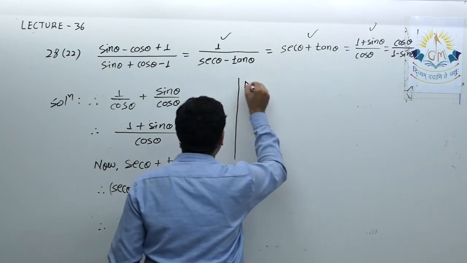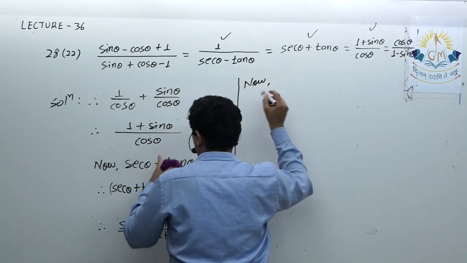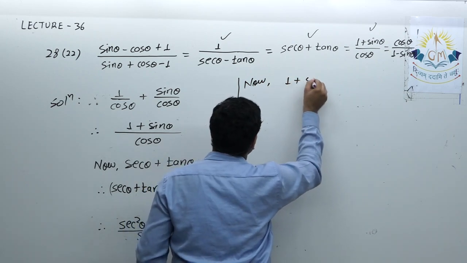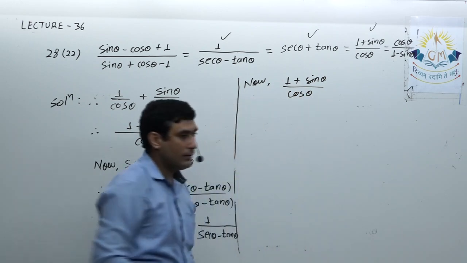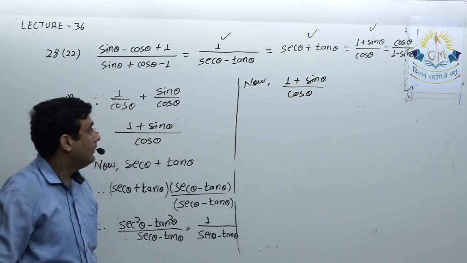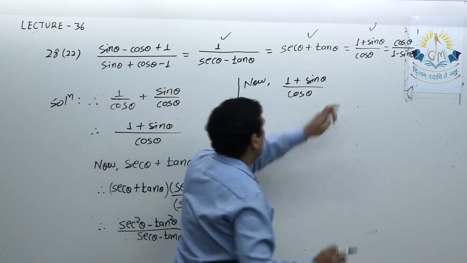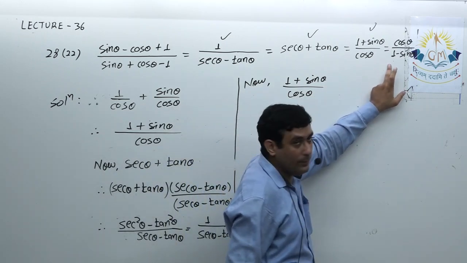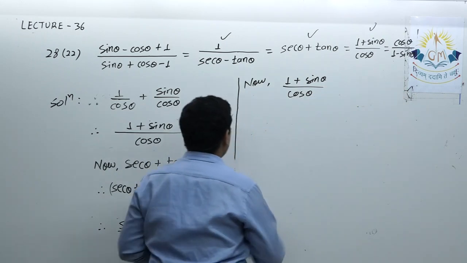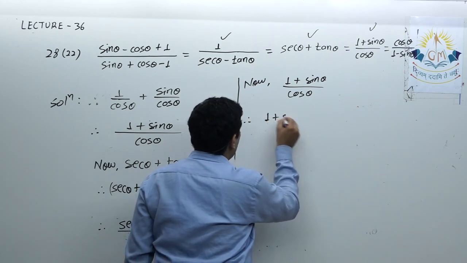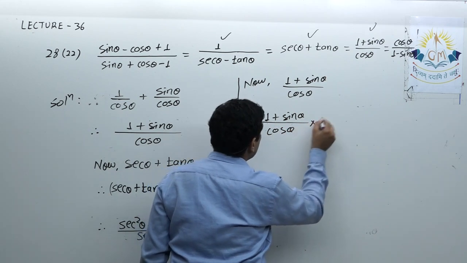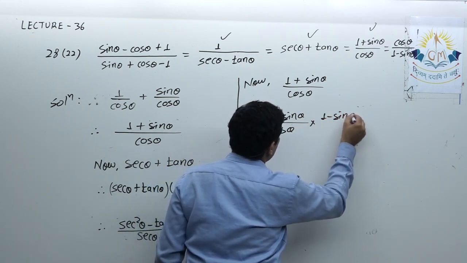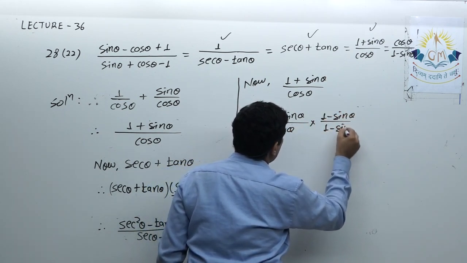Okay, so now again we come to this. Now 1 plus sin theta upon cos theta. Okay, from this I will try to get this fourth one. So again here you can see we have 1 minus sin theta in the denominator. So what I will do, I will multiply the numerator and the denominator by 1 minus sin theta.